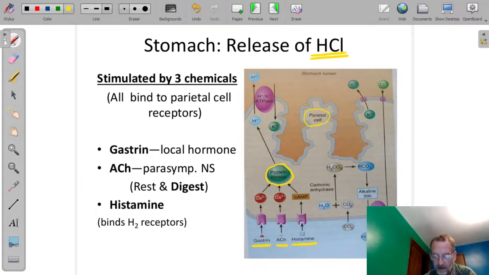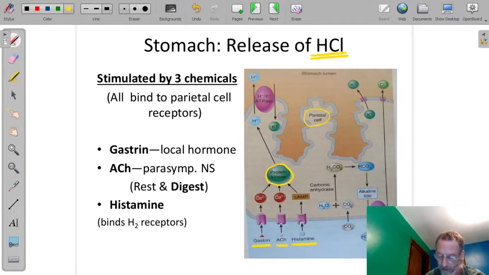Perhaps you did some of that in ANP1, I believe you did, where you were looking at cyclic AMP, adenylate cyclase, etc. So that's the story going on there that we won't go back to right now. But follow the rest of it. So the protein kinase gets going, and then we start to produce the acid. See if you can follow along with the actual production of the acid.